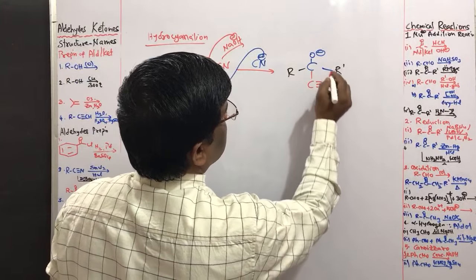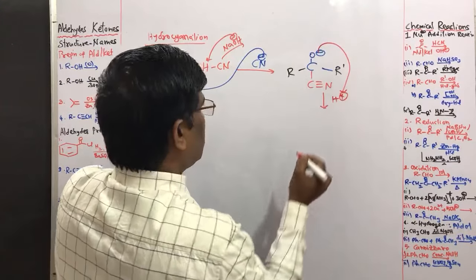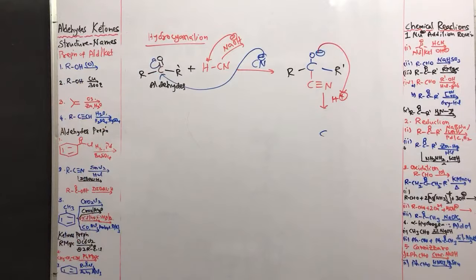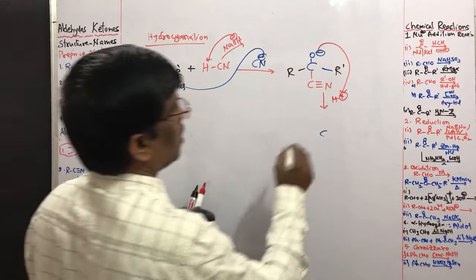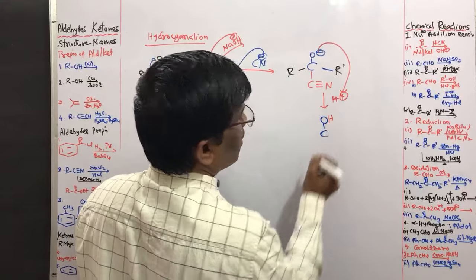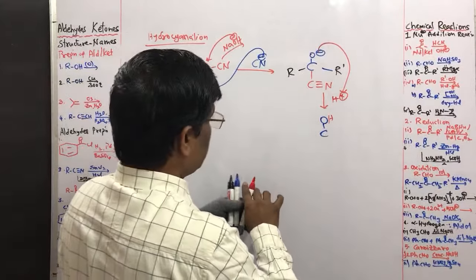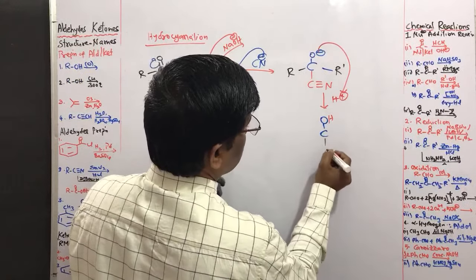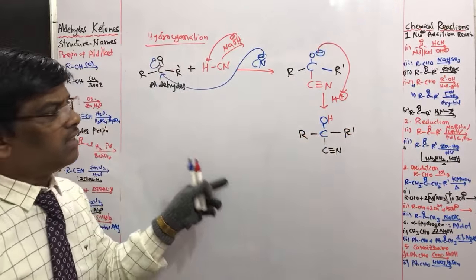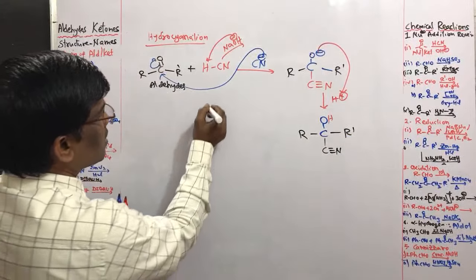Upon acid hydrolysis, this takes up a proton and gives O, and this is the hydrogen that has come just now. In the generalized mechanism I have explained. So what are we going to have here? Cyanide, and this is R prime and this is R, and this overall reaction is hydrocyanation.